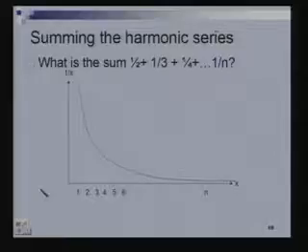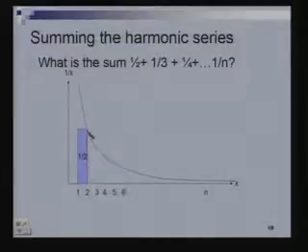So we have to sum 1 by 2 plus 1 by 3 plus 1 by 4 up to 1 by n. Now one trick that we employ very often: we take this graph, the graph of the function 1 by x. These are points 1, 2, 3, 4. Let me draw a line here at 2.